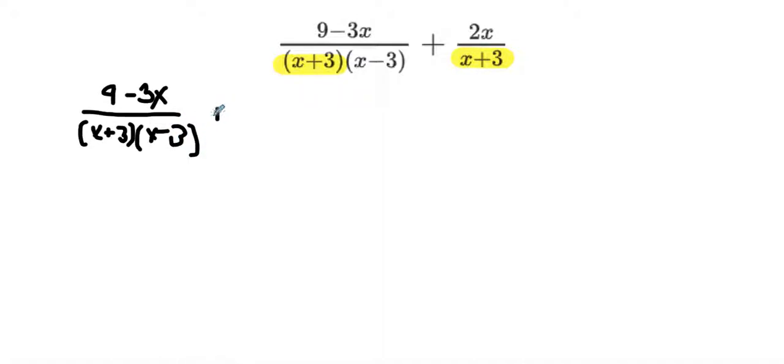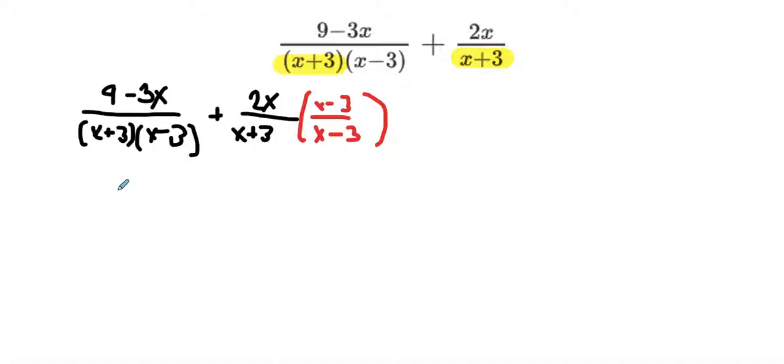I'm going to add that with 2x over x plus 3 times x minus 3 over x minus 3.